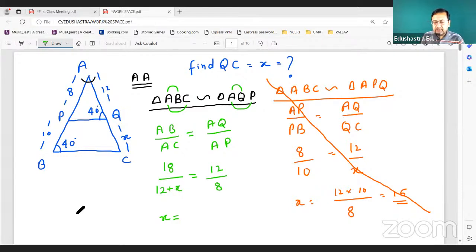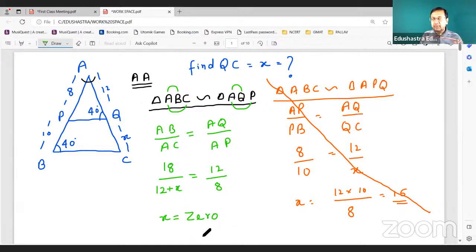Yes, Dimai, it's absolutely correct. This X is coming out to be how much? That is 0, right?